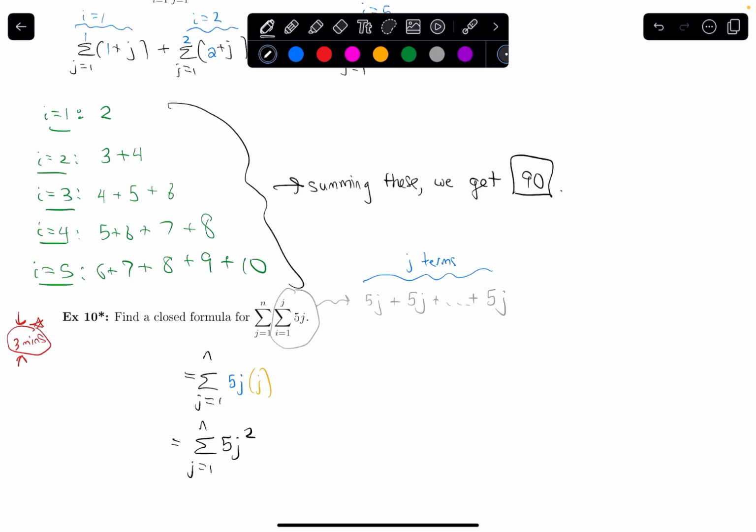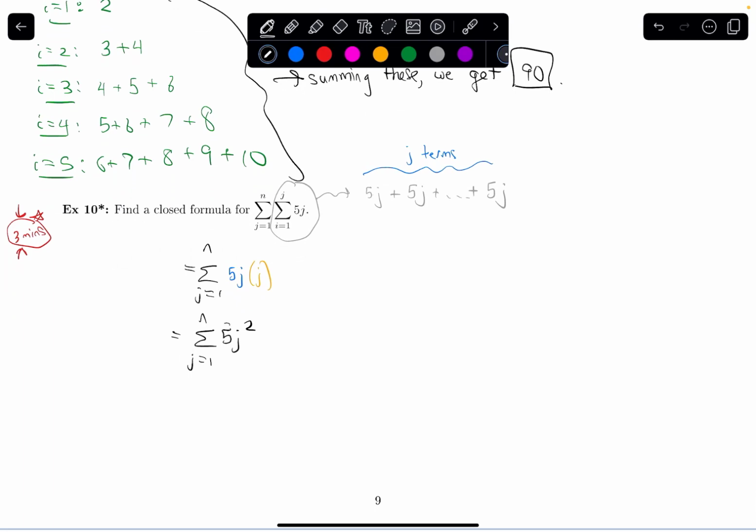And now we've seen a sigma notation property that says if we have a constant multiplying the rest of my function here, I can pull it out in front of the sigma. So that'll give me the 5 in front times the sum from j equals 1 to n of j squared. And we've seen a formula for this. This is the sum of 1 squared plus 2 squared up until n squared.